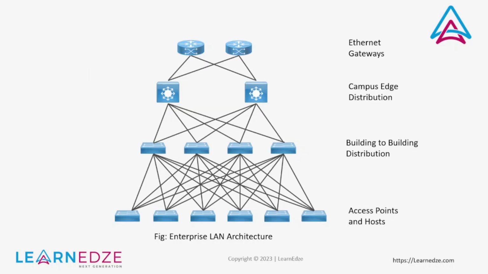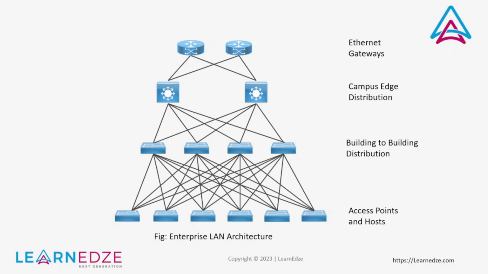Now let's see where we implement layer 2 and layer 3 switches in an enterprise LAN architecture, or we can say in our offices, or if we have a LAN setup in our home or a small building. In the network design, in the campus distribution design, we can use layer 2 and layer 3 switches as shown in the slides.